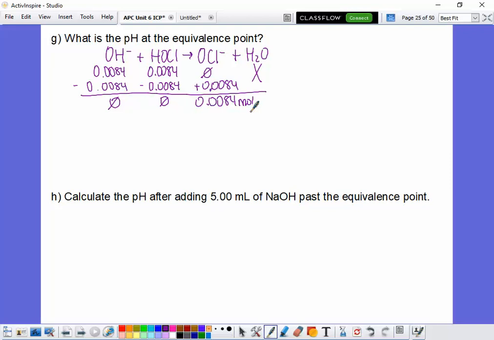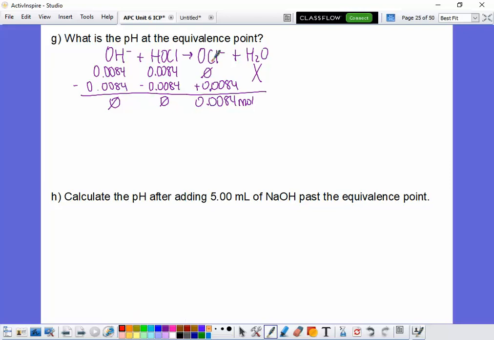If you have equal amounts of your acid and base, all that's left is salt and water. So OCl minus is our salt. It's just we don't care about the cation of it because it's a spectator. And this goes through hydrolysis. That's why it's scenario 3. Okay? So we have to do two things.